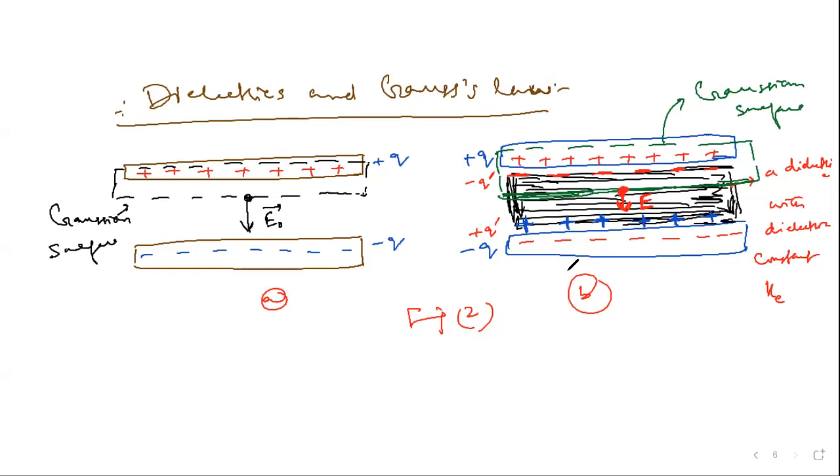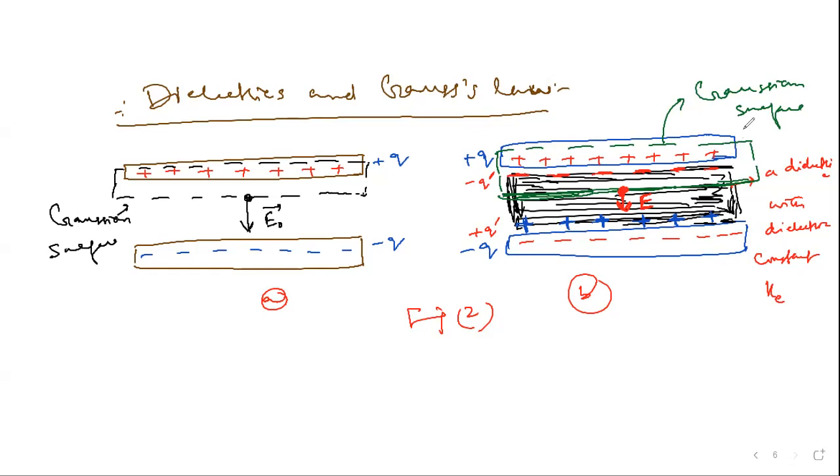As shown in the figure, induced charges Q prime appear on the surface of the dielectric slab. Minus Q prime charge appears on this surface, which is close to the positively charged plate, and plus Q prime induced surface charge appears on the other surface of the dielectric slab, which is close to the negatively charged plate, right?